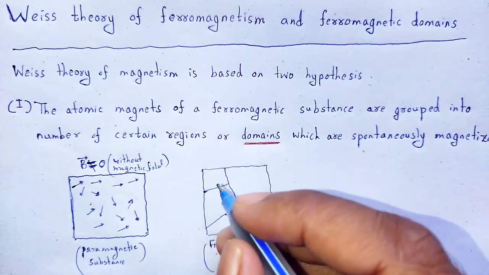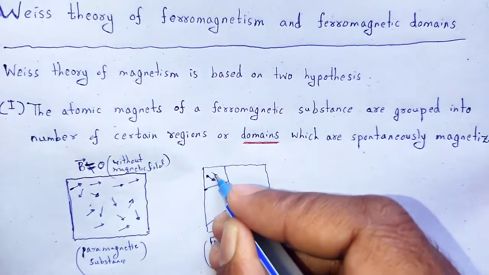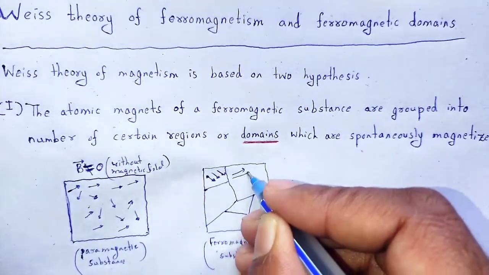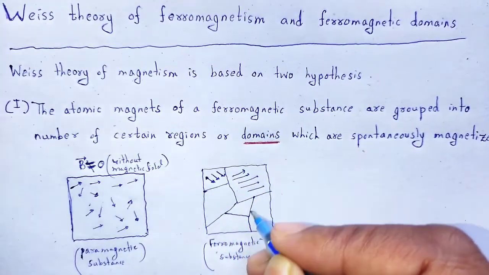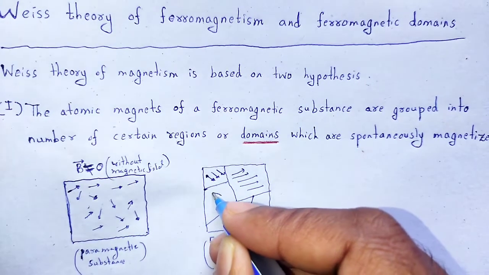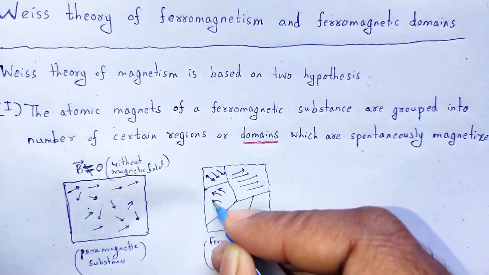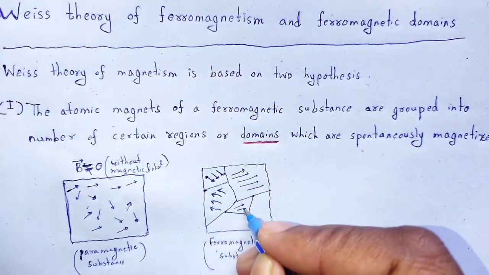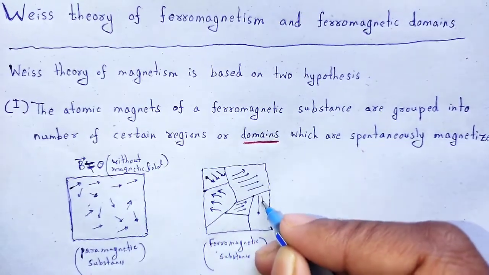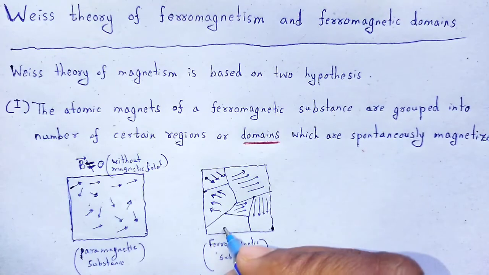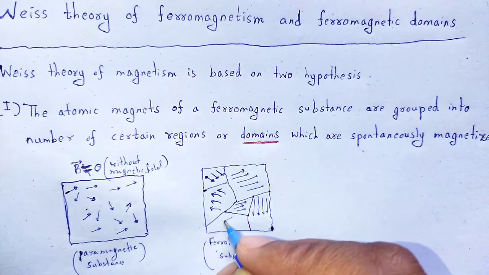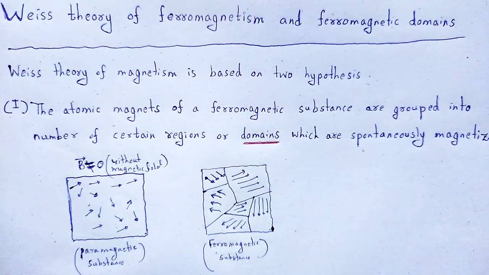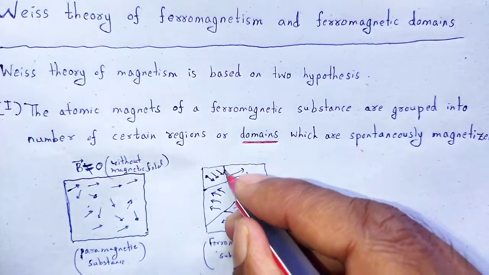In this section, the alignment is like this. In this section, the alignment is like this. In that section, maybe all the alignments are in the same direction, and these regions are known as the domains.